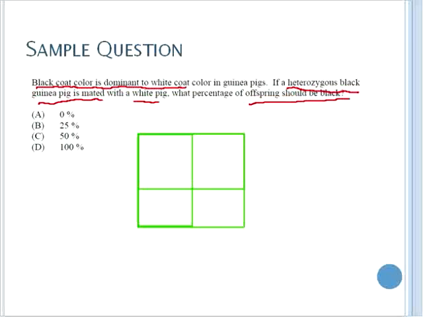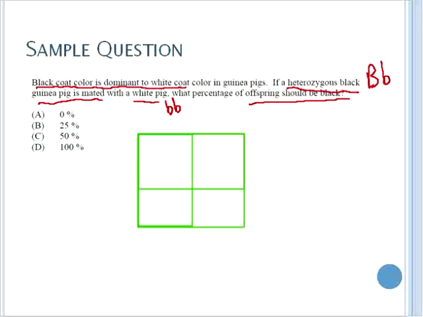You're told heterozygous black. So the male, assuming male, is heterozygous. Big B, little b. White, because white is recessive. In order for an organism to display a recessive trait, it must be homozygous recessive. So the white pig is little b, little b.